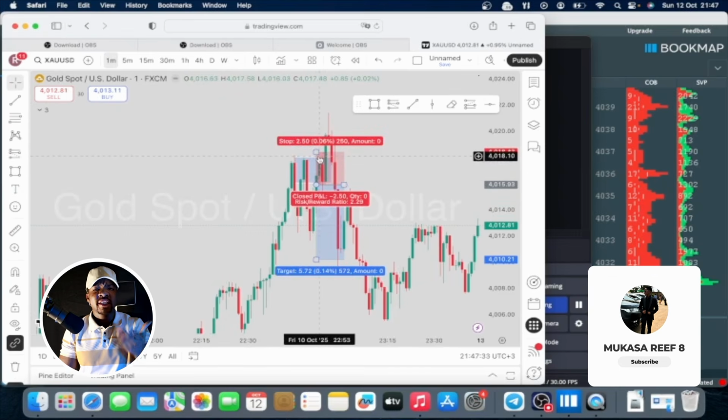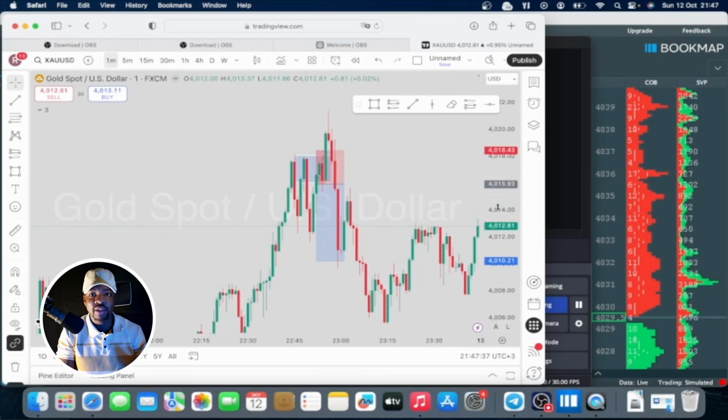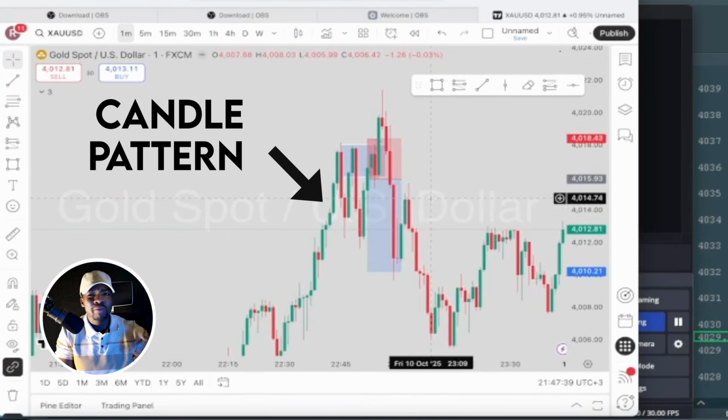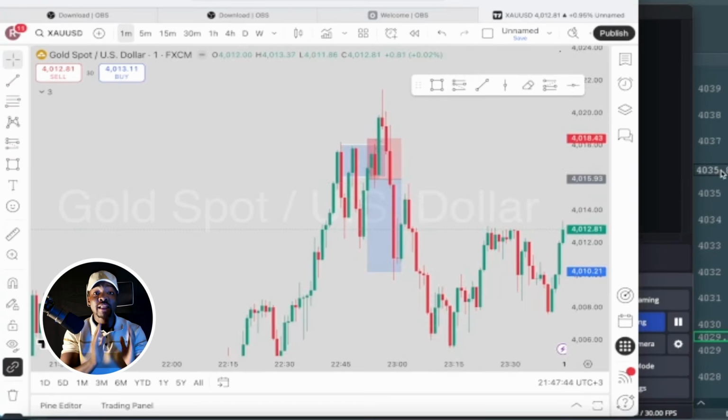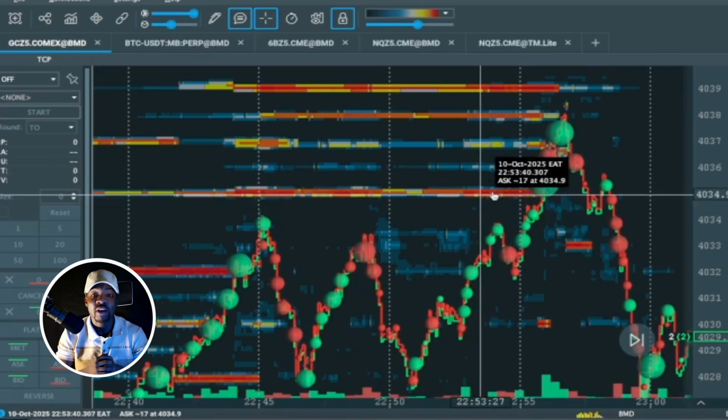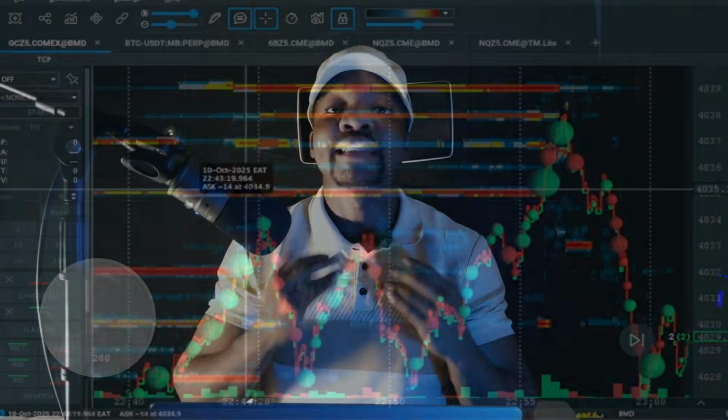So picture this: you're shorting gold, and everything looks perfect. The structure, the candle pattern, the RSI, they're all in your favor. But then suddenly price explodes against you and wipes you out in seconds.